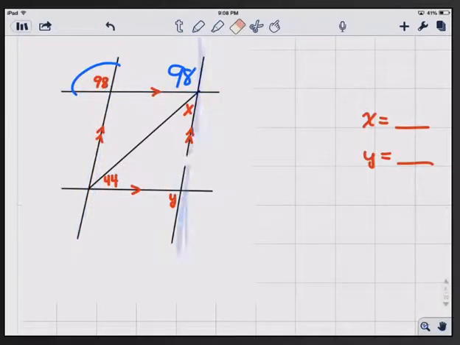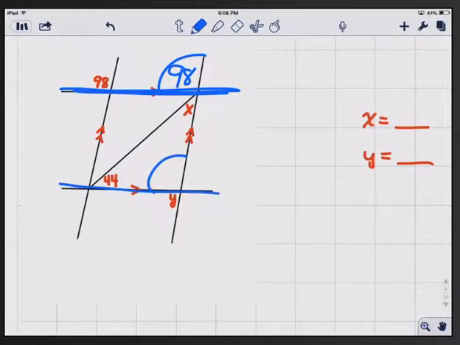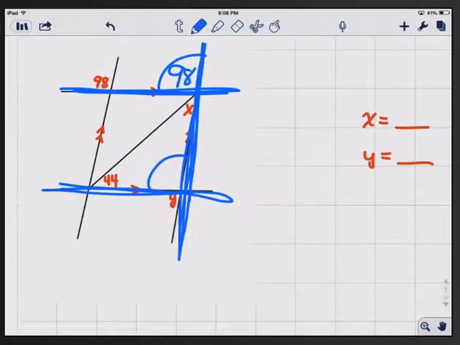Now you can work your way around the diagram a bunch of different ways. If we focus in on this angle and this angle, that's another pair of corresponding angles formed by parallel lines, but now the line over on the right is a transversal, so corresponding angles have to be congruent, so we have another 98-degree angle.